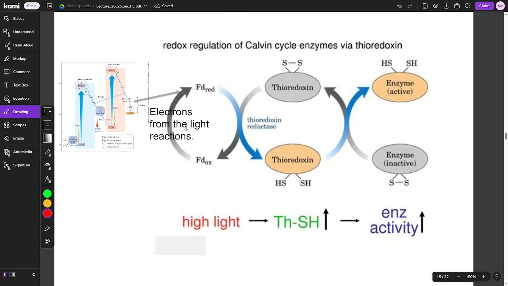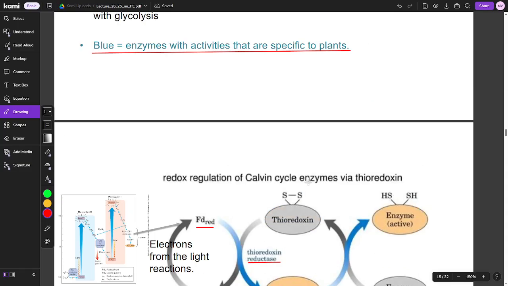Here's an example of how these things are activated. Ferredoxin is the thing that transfers these electrons. So you have the reduced form of ferredoxin, the oxidized form of ferredoxin, and that, through thioredoxin reductase, which is an enzyme, reduces this thioredoxin, and this thioredoxin goes in and reduces a bunch of other enzymes, and that's how it activates them. So you can think of it like this.